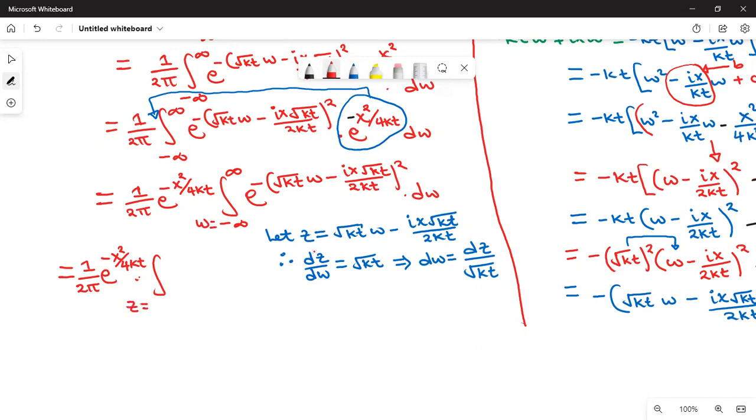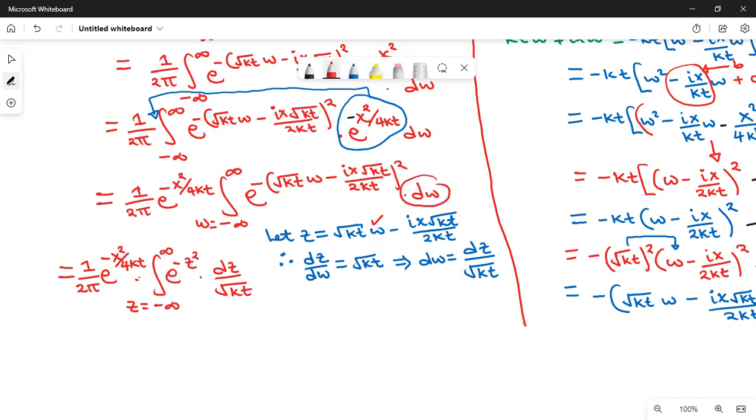When omega is negative infinity, what will be z? It will also be negative infinity. And when omega is positive infinity, you will find z is equal to positive infinity. So this will be exponential negative z squared times dz over root kt. That is d omega.